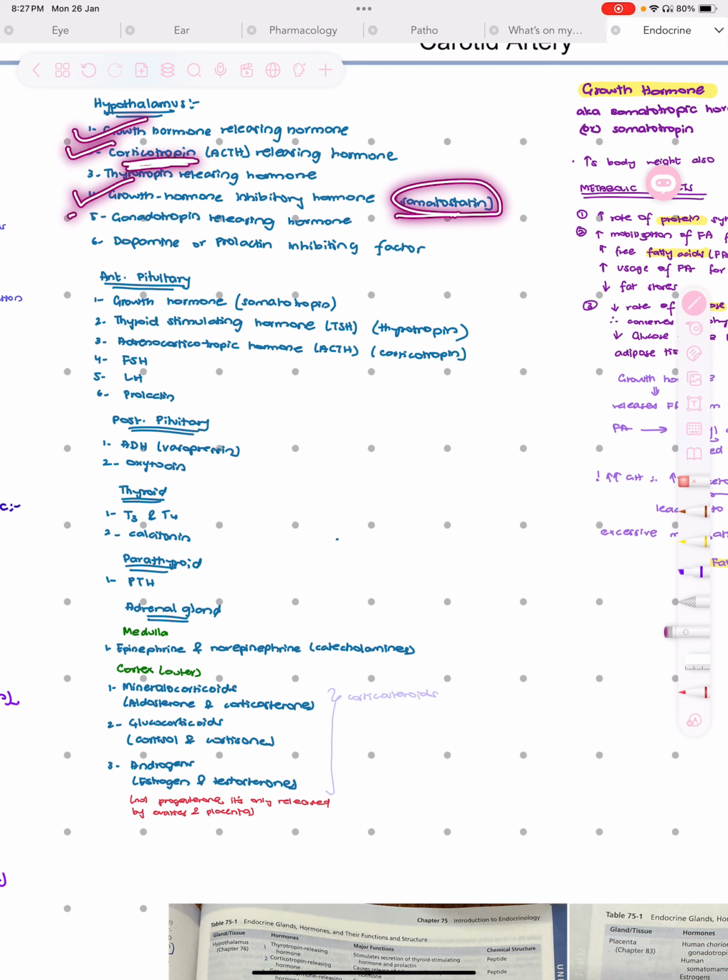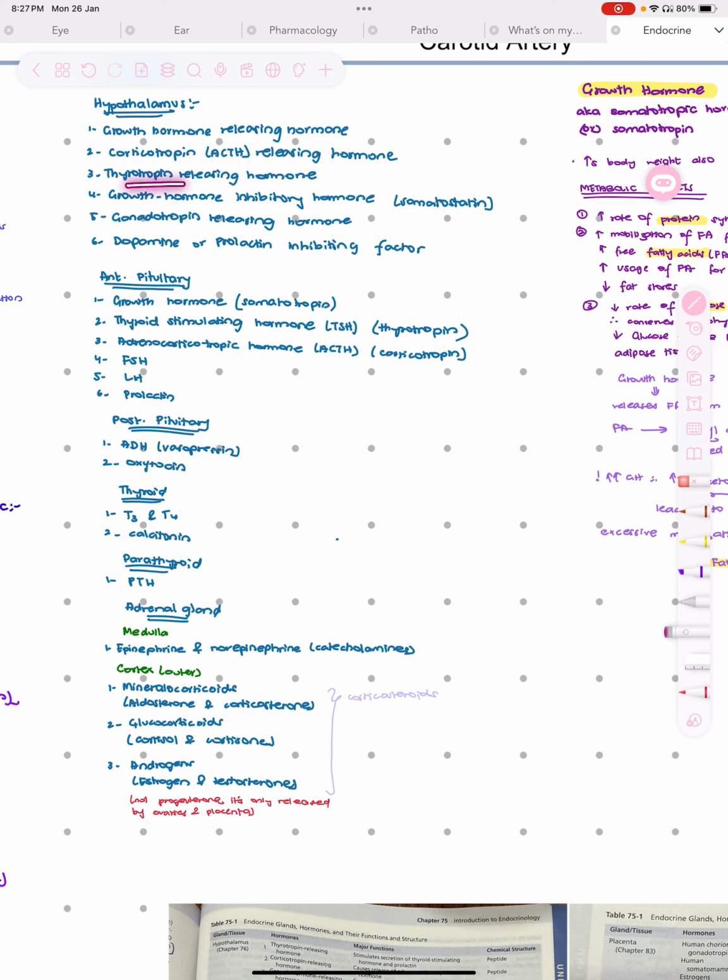Corticotropin is basically adrenocorticotropic hormone, ACTH. So the other name for adrenocorticotropic hormone is corticotropin. This corticotropin releasing hormone is going to cause the release of corticotropin.